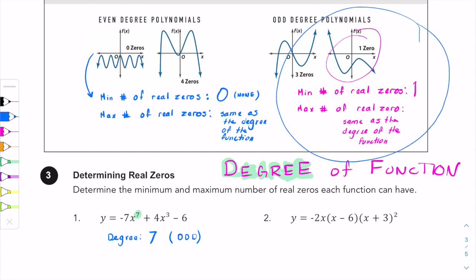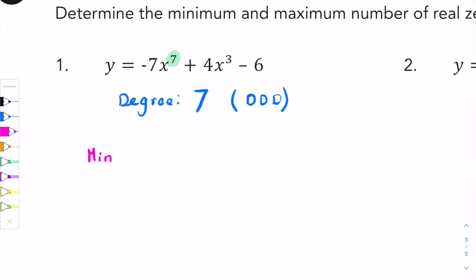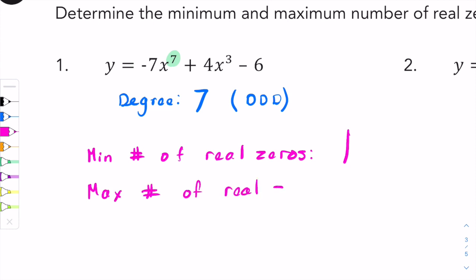So the minimum number of real zeros is 1 and the maximum number of real zeros is 7 because it matches the degree. And those would be your answers.